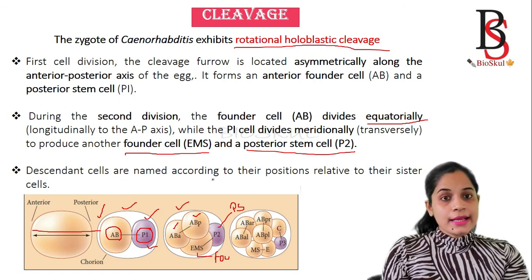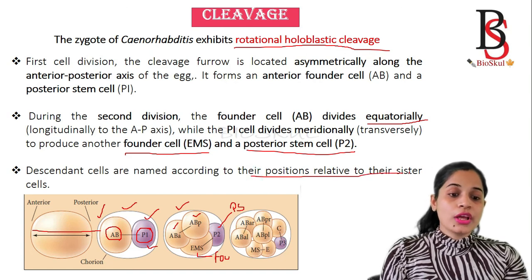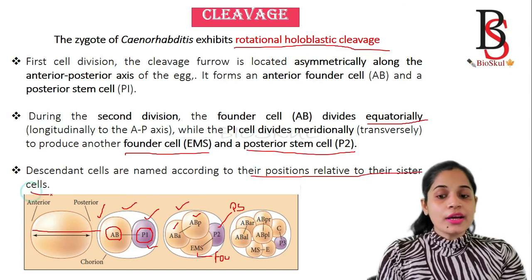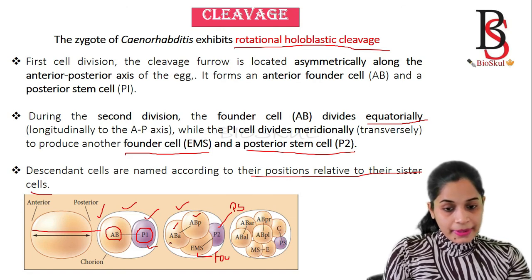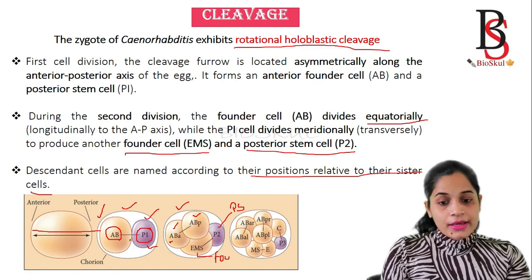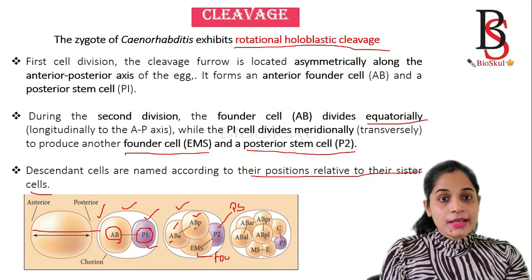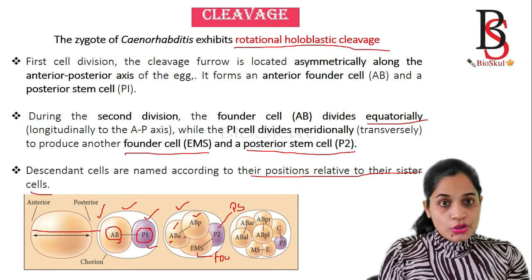And the descendant cells are named according to their position relative to their sister cells. See here, ABA is the anterior daughter cell of AB, ABP is the AB posterior daughter cell.